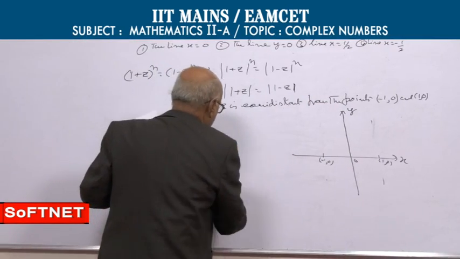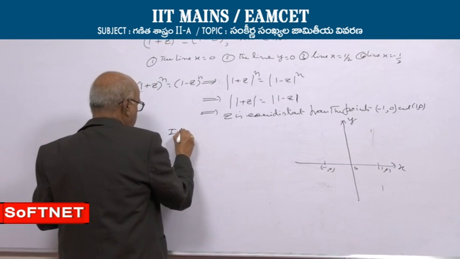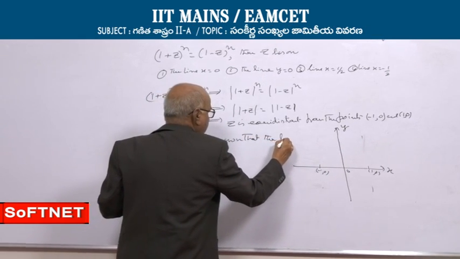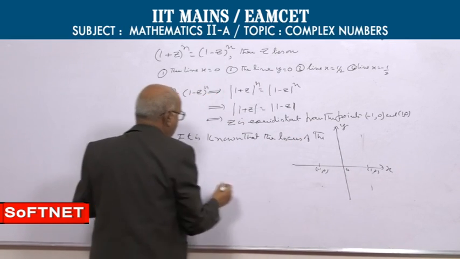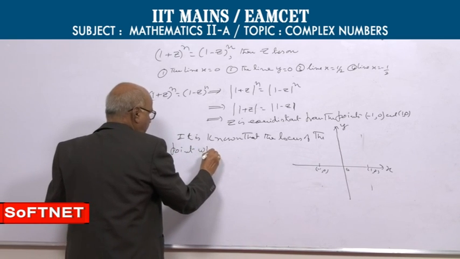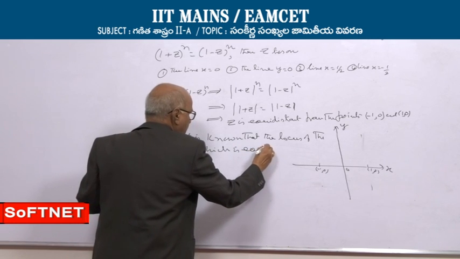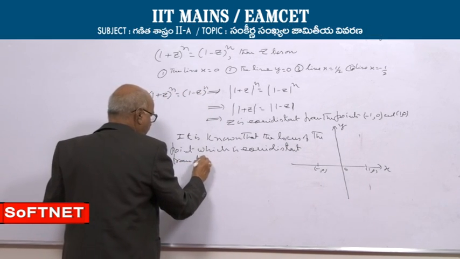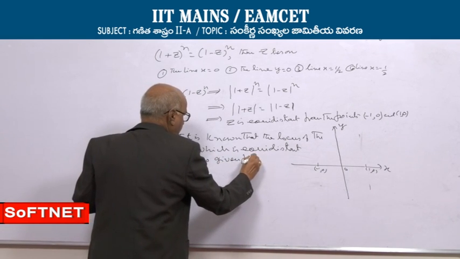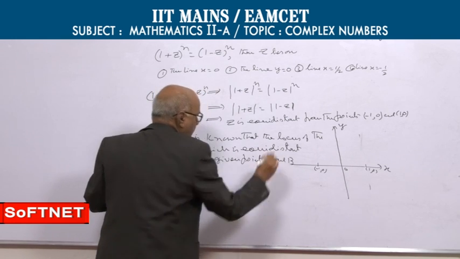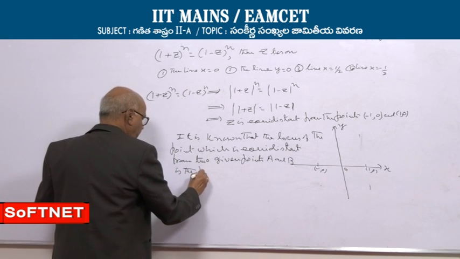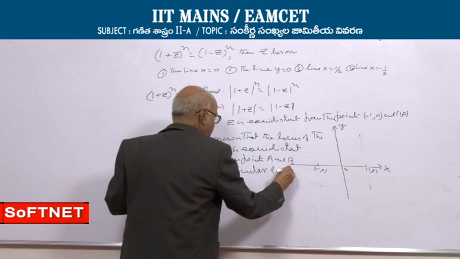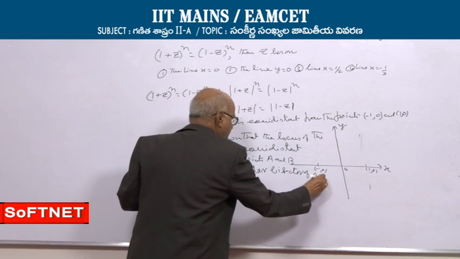So it is known that the locus of the point which is equidistant from 2 given points A and B is the perpendicular bisector of AB.